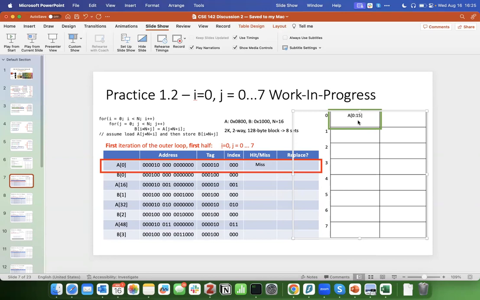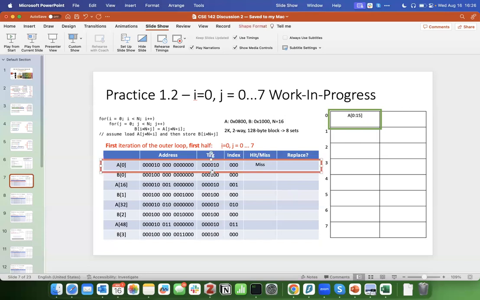So anything from index 0 to 15 will go into the first row of the cache. And by the way, this is a two-way set associative cache, so the order of the two columns doesn't matter. We just need to remember which one is least recently used when it comes to replacing a cell.